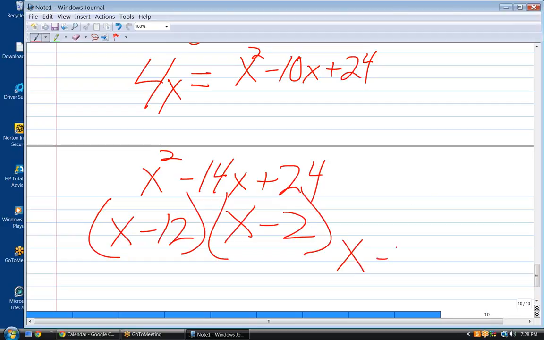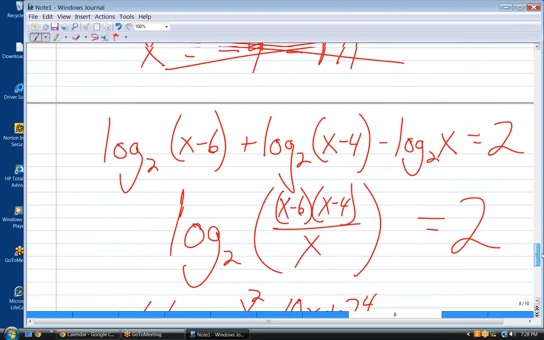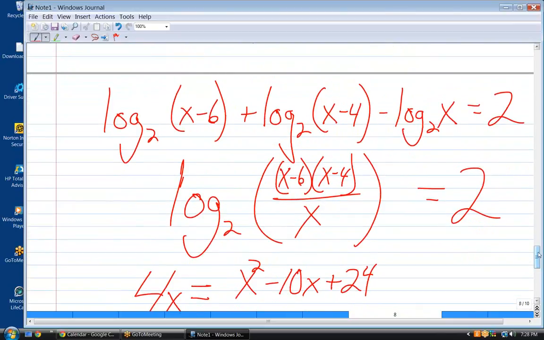So my solutions appear to be x equals 12 and x equals 2. Let's see if all those work. Which solution doesn't work, of 12 and 2? Those are my two solutions.